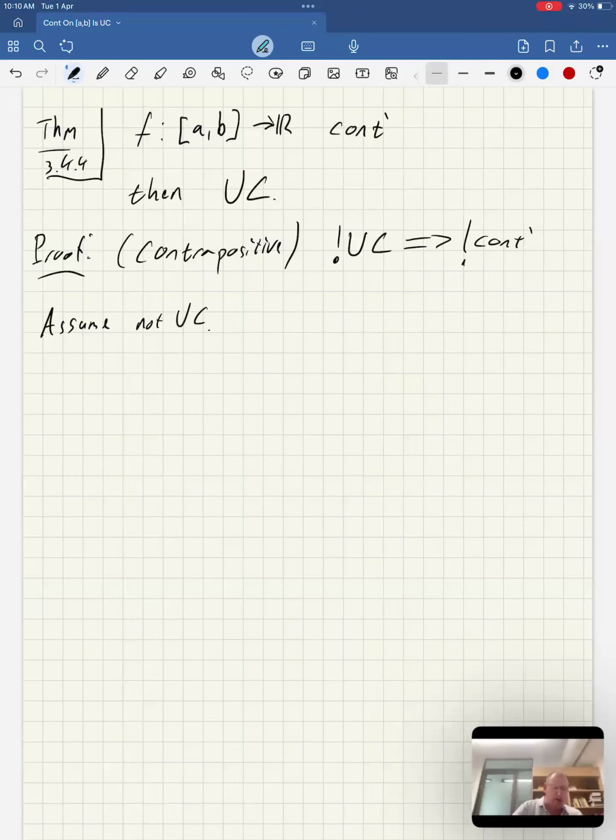For this, we need to take the definition of uniform continuity and negate it.